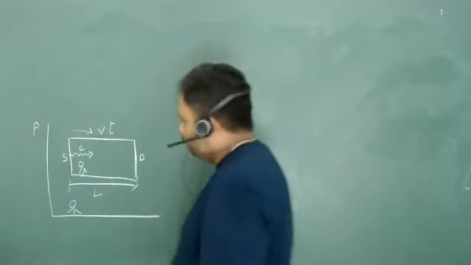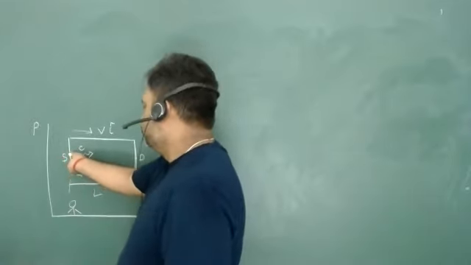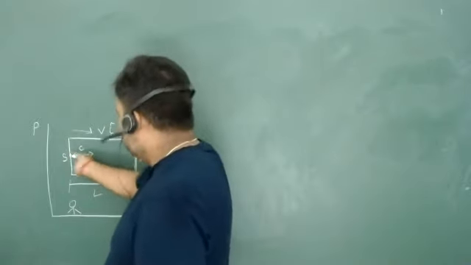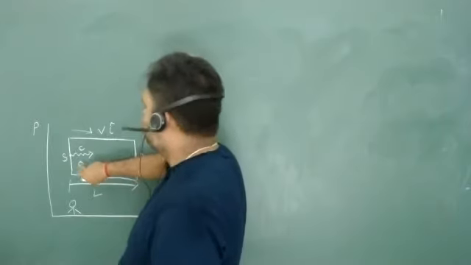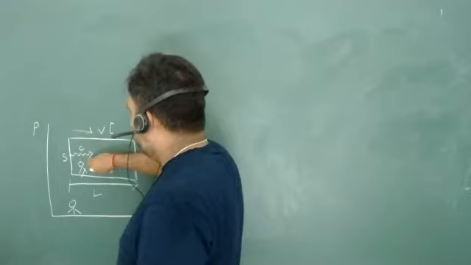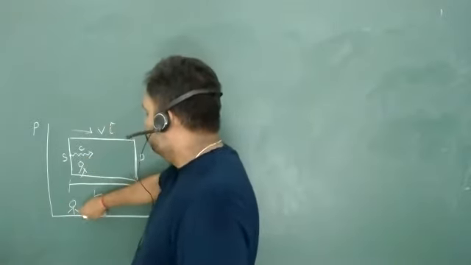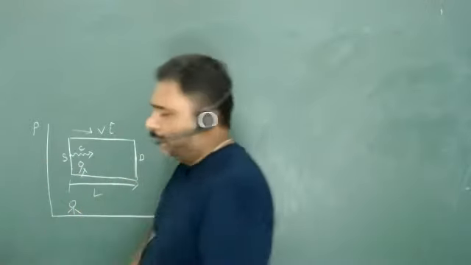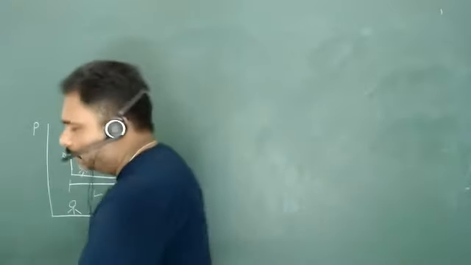We have to see what the speed of the light pulse is with respect to the person attached to the rest frame of the train, and what the speed of light will be with respect to the observer attached to the rest frame of the platform. We just want to explain this particular thing.